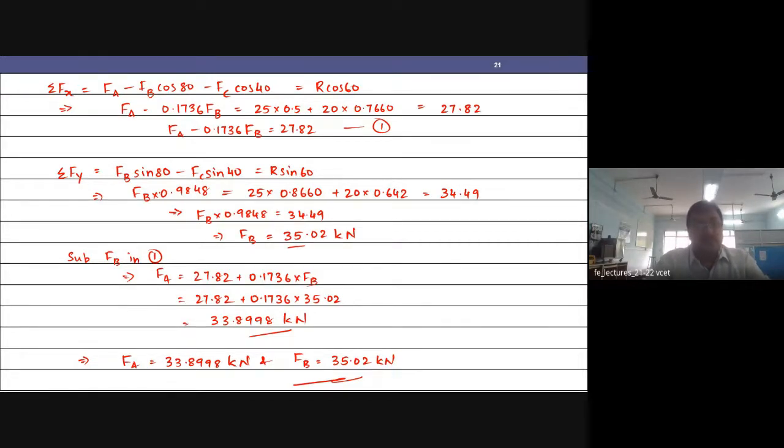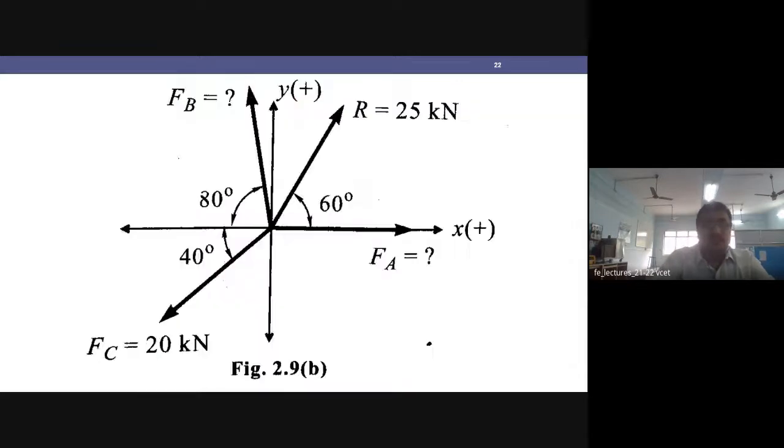Now in this one, we know the magnitude and the direction of resultant and one of the components, and we are supposed to find out the remaining components. Since we are talking about the xy coordinate system, we had two unknowns and two equations, so it was easier to solve. Okay, any question here?